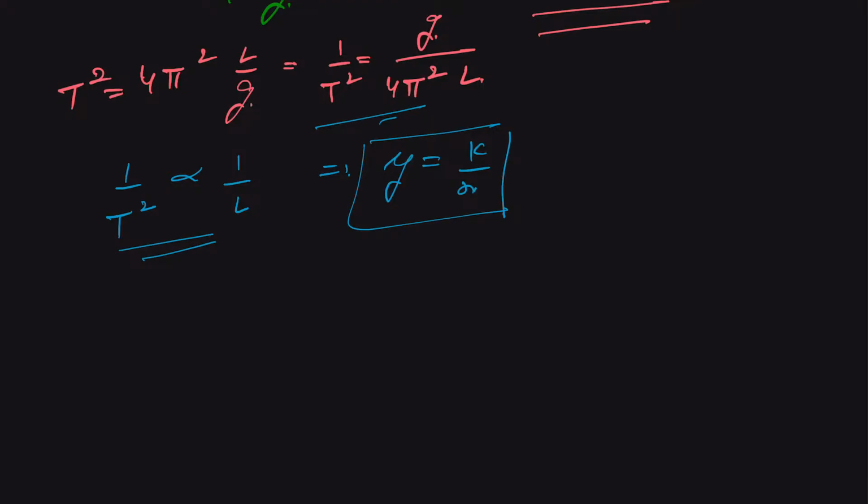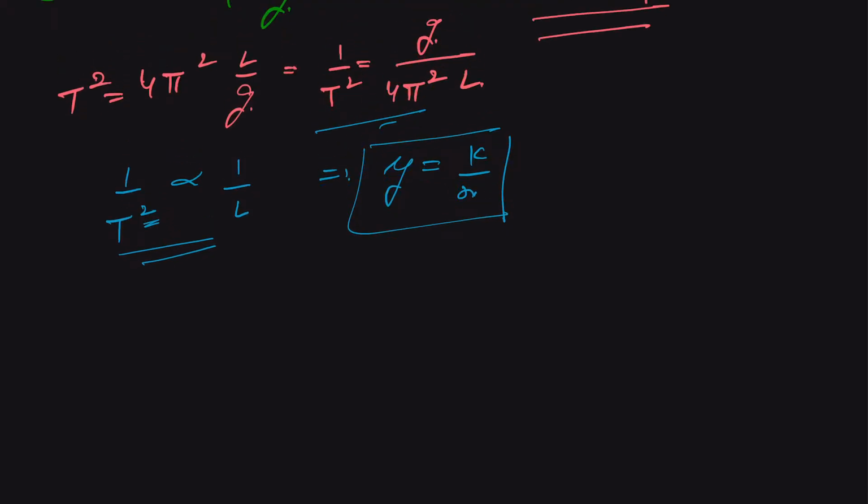So in this case we have to remember that the relationship looks like, if you look closely, 1 upon t square is proportional to 1 upon L. It looks like the relationship is linear, but actually it is not linear. Okay, it is an inverse relationship. And because of this quadratic function, this exactly is not inverse. Okay, there is some kind of parabola or hyperbolic relationship between the two.